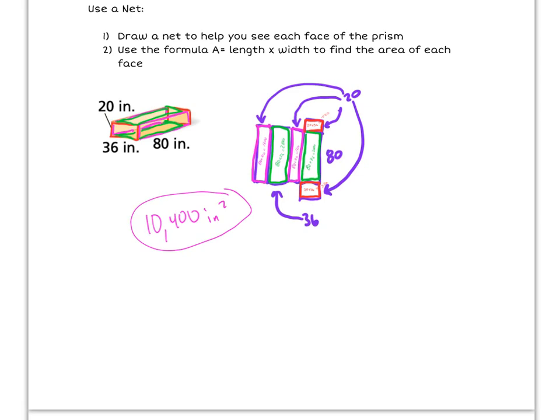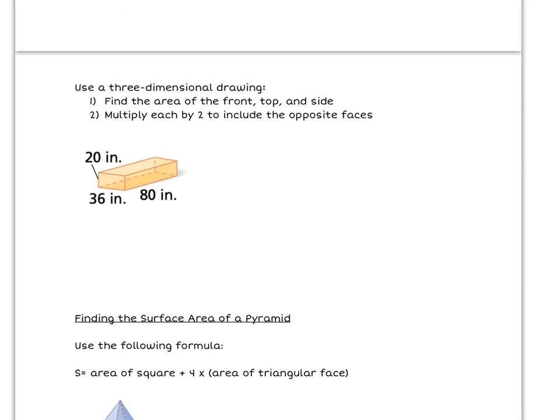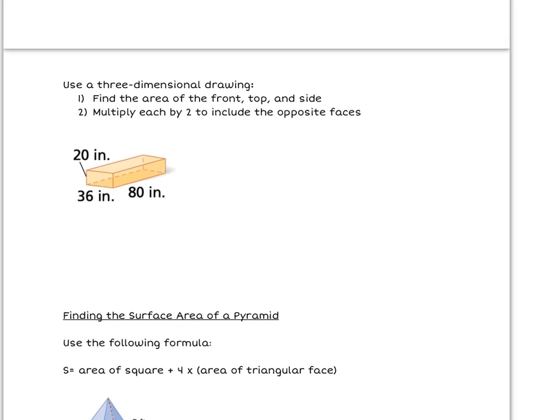Another way the book talks about to find this is by using a three-dimensional drawing. So in this case, they say, first find the area of the front, the top, and the side. So we're going to use our same shape. The area of the front here would be our 20 times 36. We'll call that our front. And 20 times 36 gives me 720.